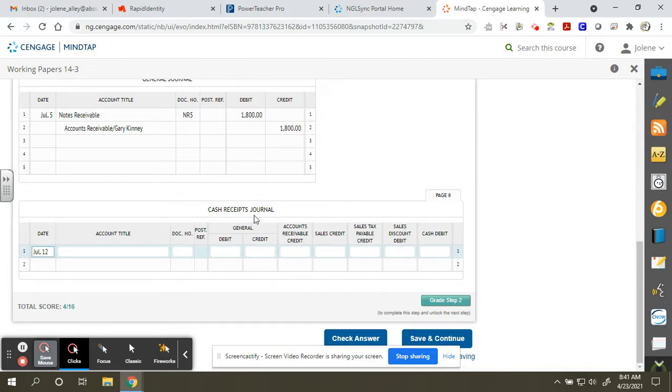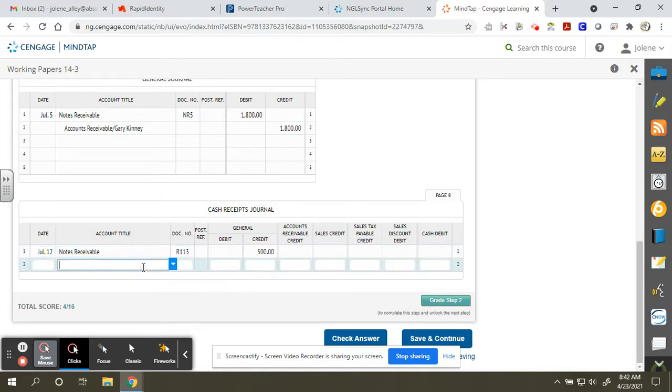The only thing that goes in this is when you receive cash. So it was receipt 113, and the example for this one is on the top of page 428. We're going to start with the notes receivable. She borrowed $500.